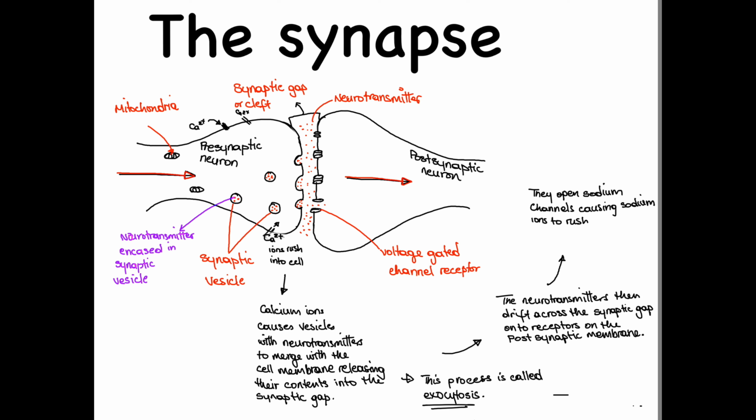So they open these channels, causing sodium ions to rush in, which then causes the postsynaptic membrane to depolarize, firing a new action potential. And what that does as well is, during that process, the cell becomes more positive.